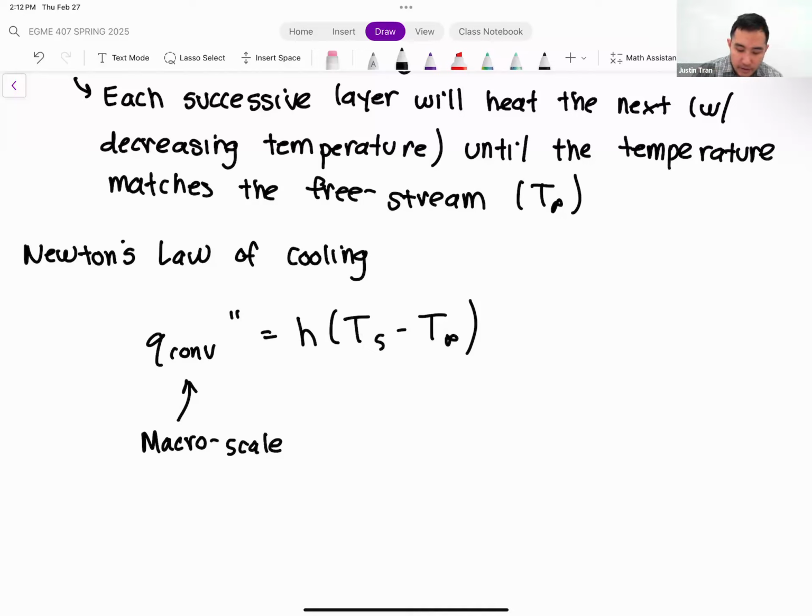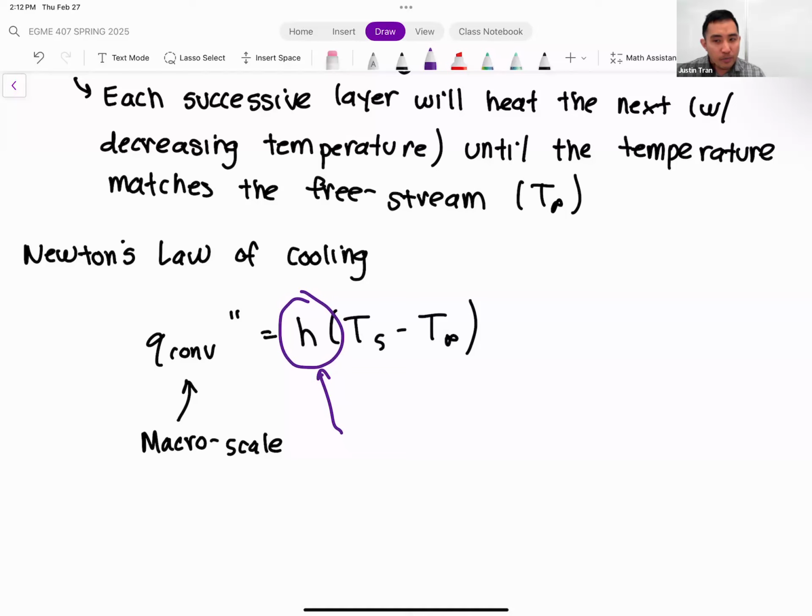And really the center of this entire concept is this convection coefficient h, right? Like I told you in weeks prior, this coefficient is actually quite complex and quite mysterious.